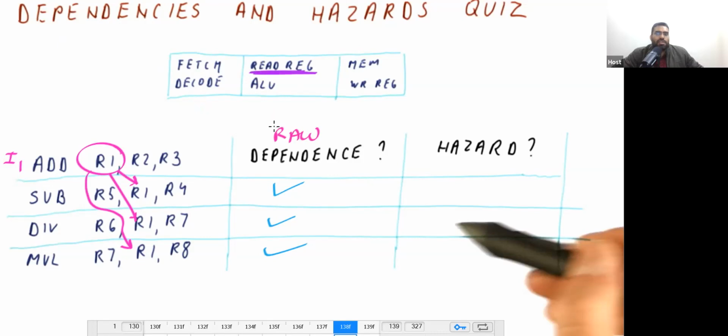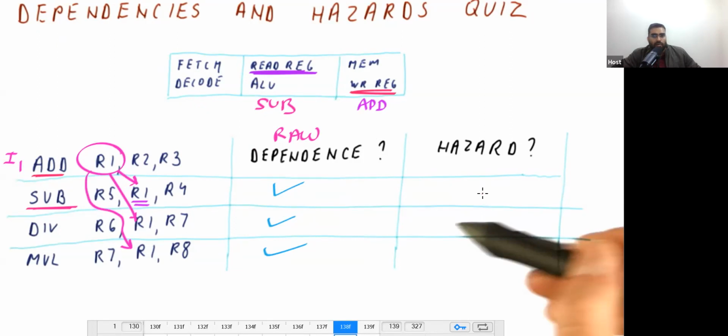When the subtraction is reading the registers, then where is the addition? Then here is the addition, correct? Do you agree? When the subtraction is reading R1, then this addition is writing.